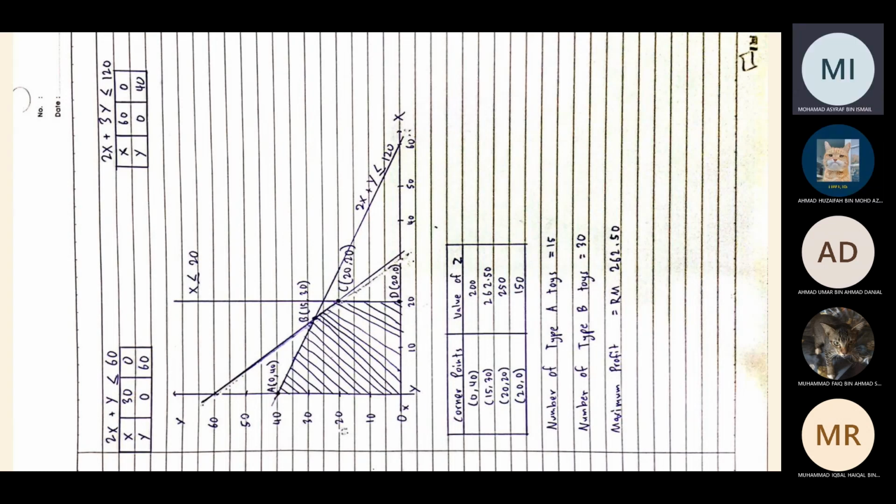Okay, to get the maximum profit, we can use a graph. From the latest answer, we get 2x plus y less than or equal to 60. For the graph, for x we can put 10, 20, 30, 40, 50, and 60, and y is the same as x.